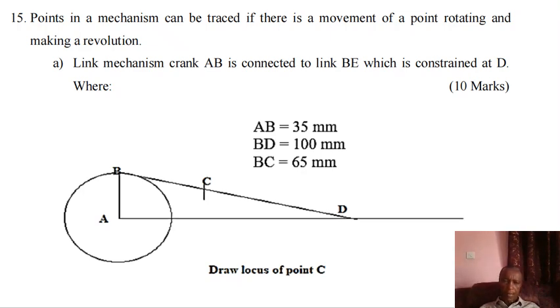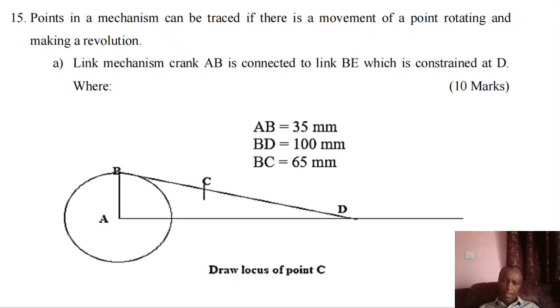Points in a mechanism can be traced if there is a movement of a point rotating and making a revolution. Part A, link mechanism crank AB is connected to link BE, which is constrained at D, where AB is 35, BD is 100, and BC is 65.